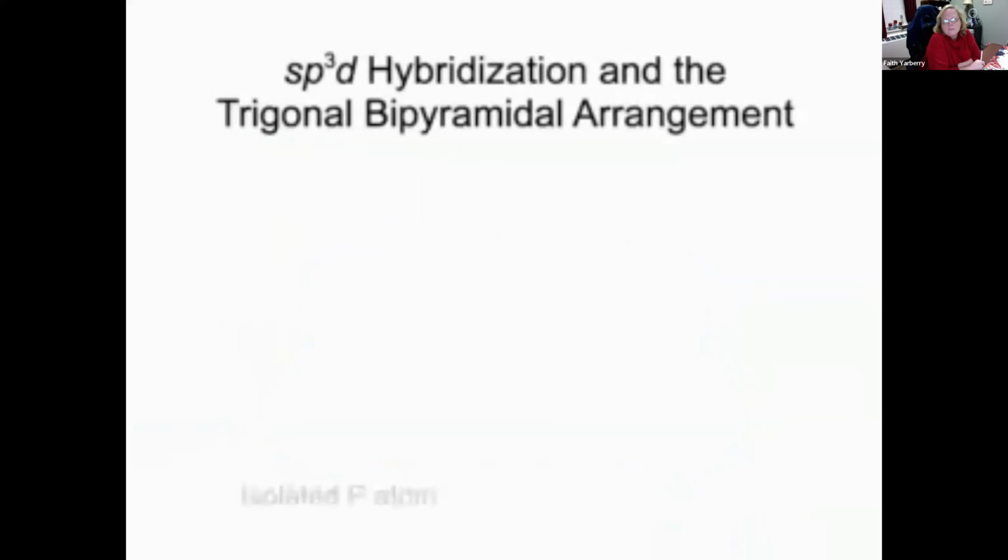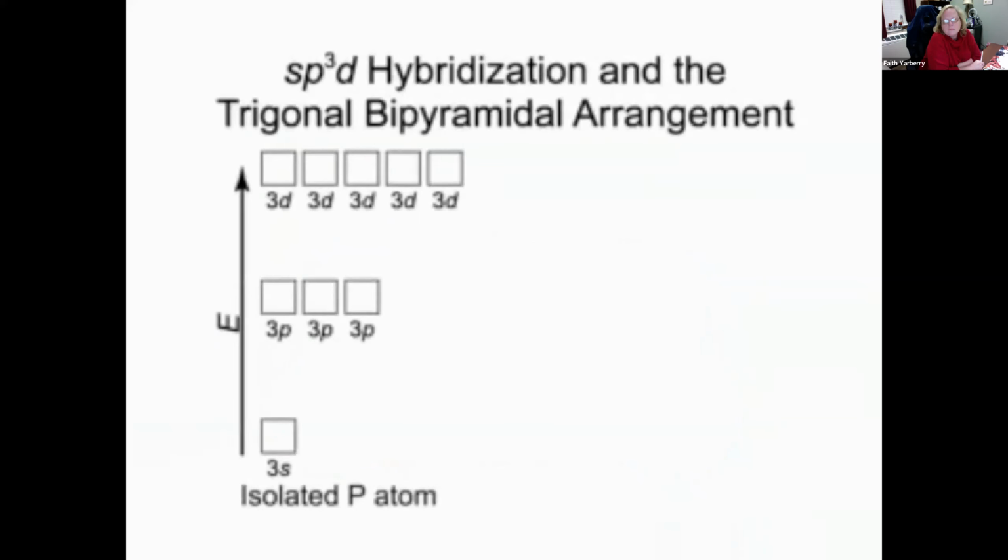Recall that in molecules with more than 4 atoms around a central atom, such as phosphorus pentachloride, the central atom utilizes d orbitals to expand its valence level. Hybridization accounts for the shapes of these molecules as well. In the ground state, phosphorus has a filled 3s orbital, 3 half-filled 3p's, and 5 empty 3d's.